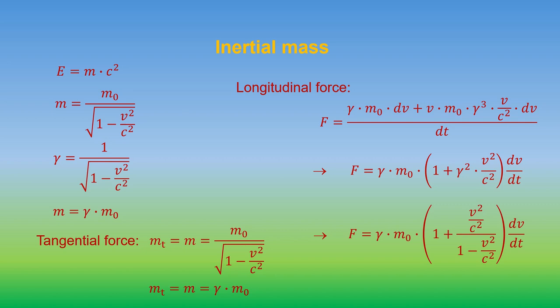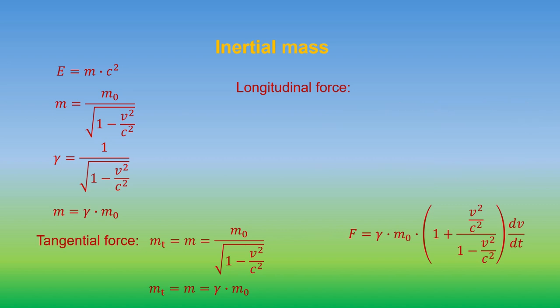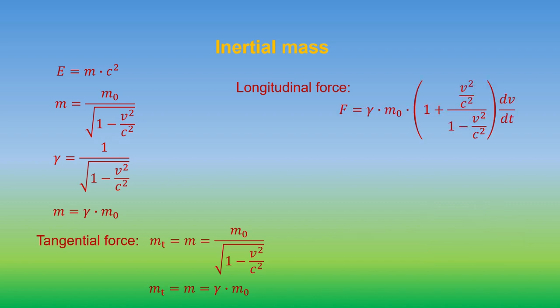Writing the Lorentz factor in full leads to F equals gamma times m naught times, opening bracket, 1 plus a fraction within the numerator v squared over c squared, and in the denominator 1 minus v squared over c squared, closing bracket, times dv over dt. We bring everything between brackets into a single fraction.